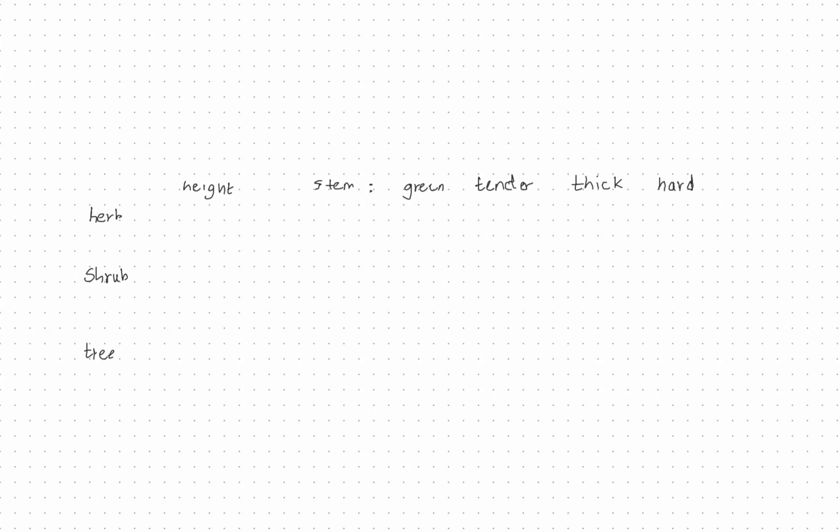Are you all done? Tell me when you're done. Ma'am, green, tender, thick, hard. This is Adrit, I'm done. Okay. Ma'am, I'm done. Okay. Ma'am, I am Ashwat. Done.